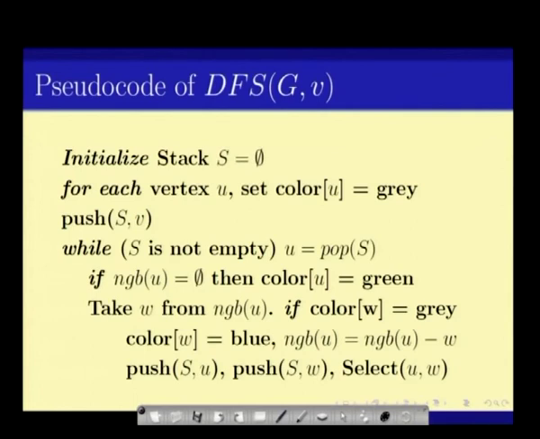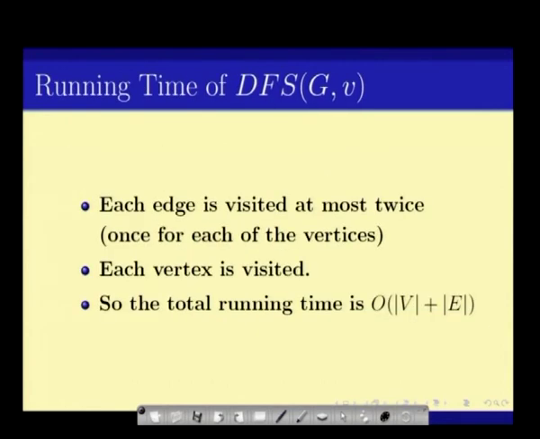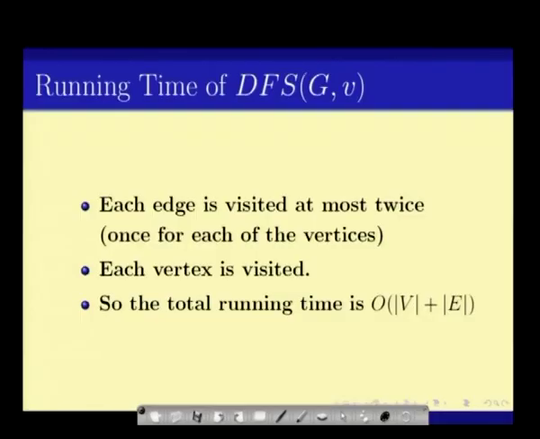In some sense this helps us ensure that no edge is looked at more than twice. So for runtime, each edge is visited at most twice, once for each vertex. If there is an edge between d and e, I first look at it from d to e, and once I am done with that, I remove that edge from e's adjacency list.